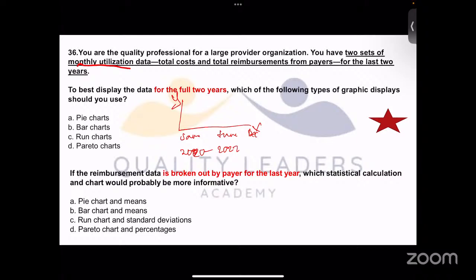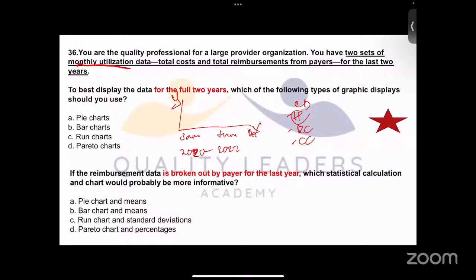Since the data are continuous, which type of chart should be used here? When we say continuous data, as I mentioned before, we have the histogram, the run chart, and the control chart. Now, what am I displaying?